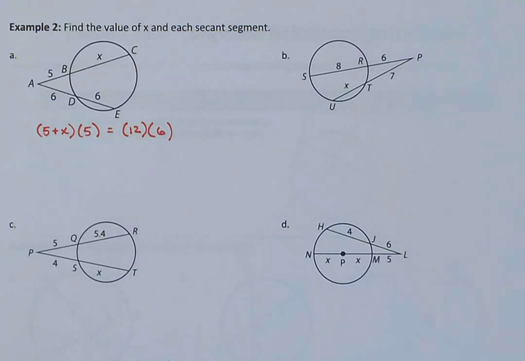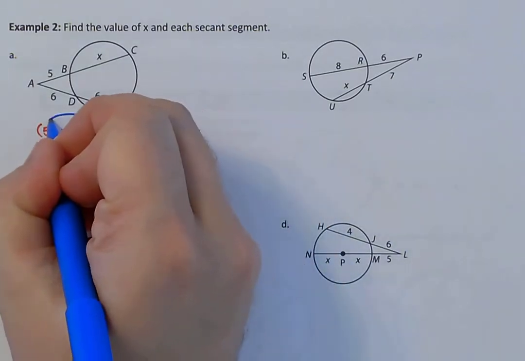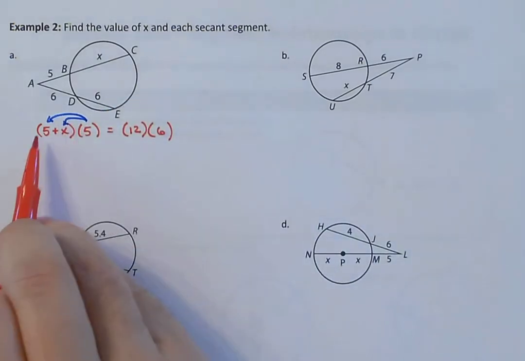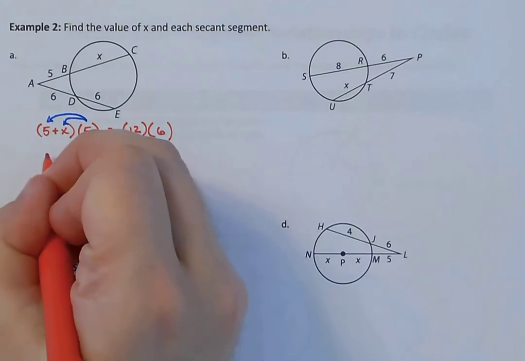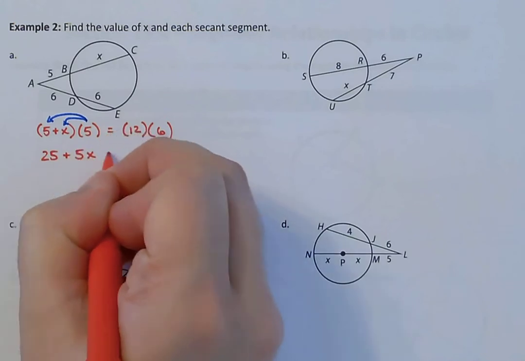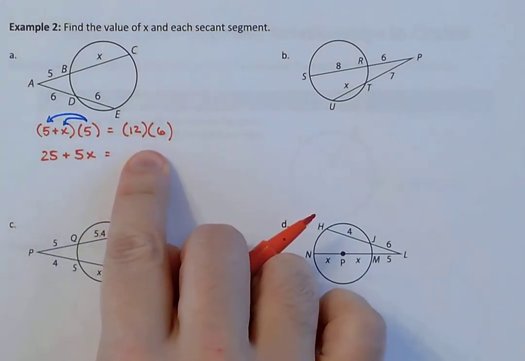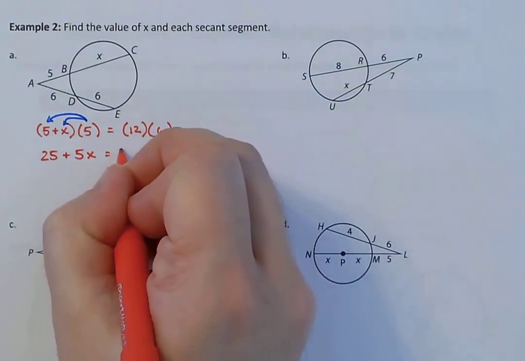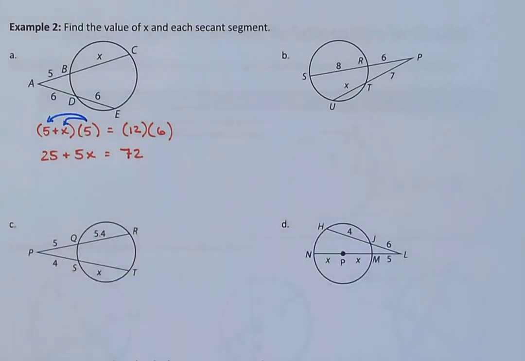All right, so our goal is to solve for x, so this is just using our algebra skills. We're going to distribute the 5 to both parts. So 5 times 5 is 25. 5 times x is 5x. And then over here we have 12 times 6, and 12 times 6 is going to give us 72. All right, so we have 25 plus 5x equals 72.